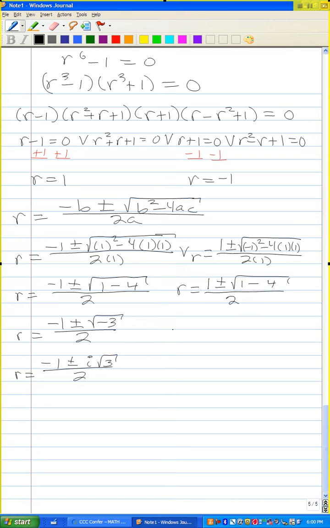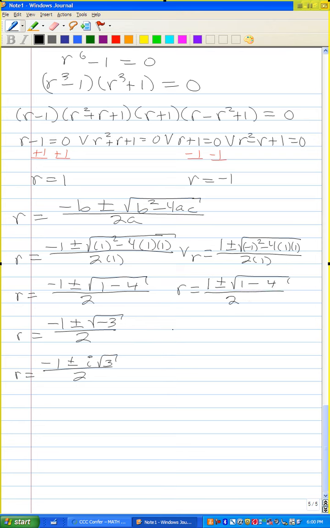So r is equal to 1 plus or minus the square root of negative 3 over 2. And so I get r is equal to 1 plus or minus i radical 3 over 2.